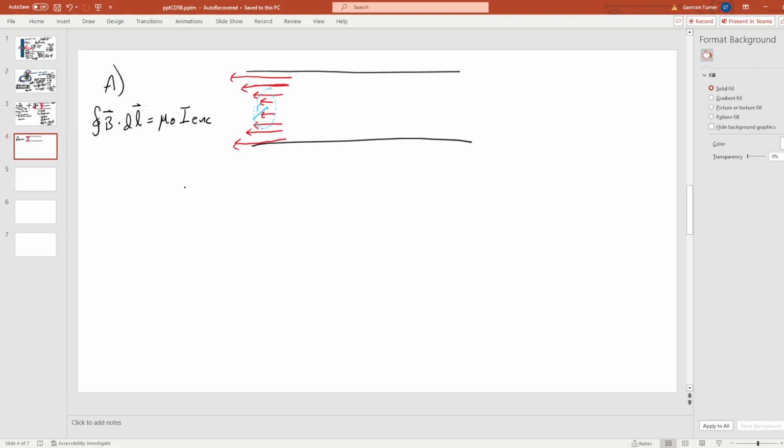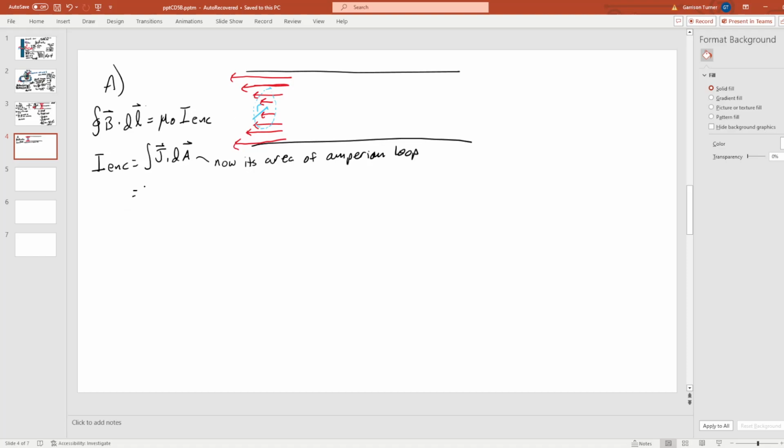So our enclosed current can be found from J dot dA, but now where our A is over the area of our Amperian loop, since our Amperian loop is what's capturing the current from 0 to lowercase r.